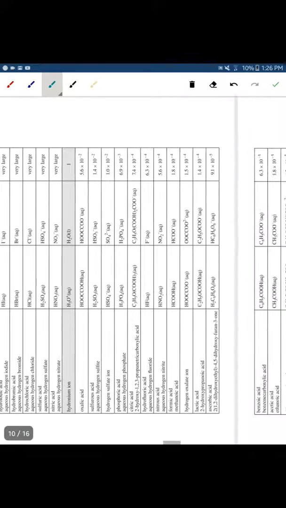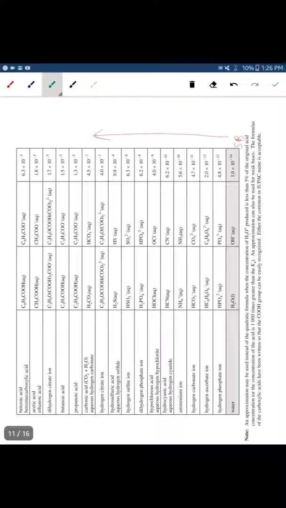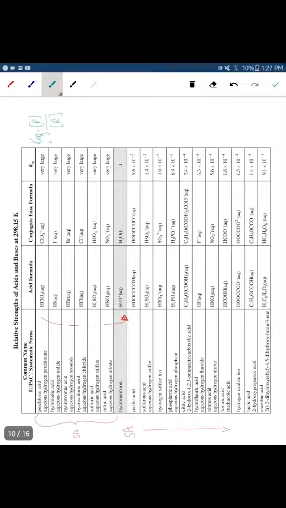So let's take a look. I do believe that is pretty much all that I need to put on this page. Some students will also like to put their pH formulas, so I'm just going to jot those in really quick here. So pH equals the negative log of our hydronium ion.